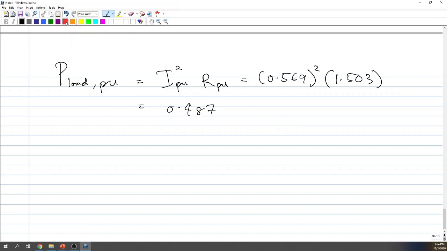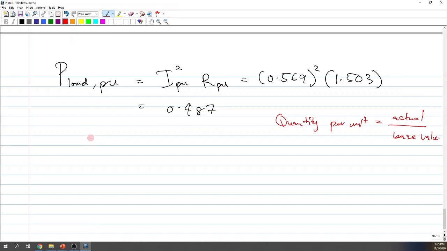So kalau kita tengok formula, quantity per unit equal to actual bagi dengan base value kan. Base value. Okay. So ini adalah per unit. Okay. So kita nak cari adalah actual value. Yang kita nak cari adalah actual.